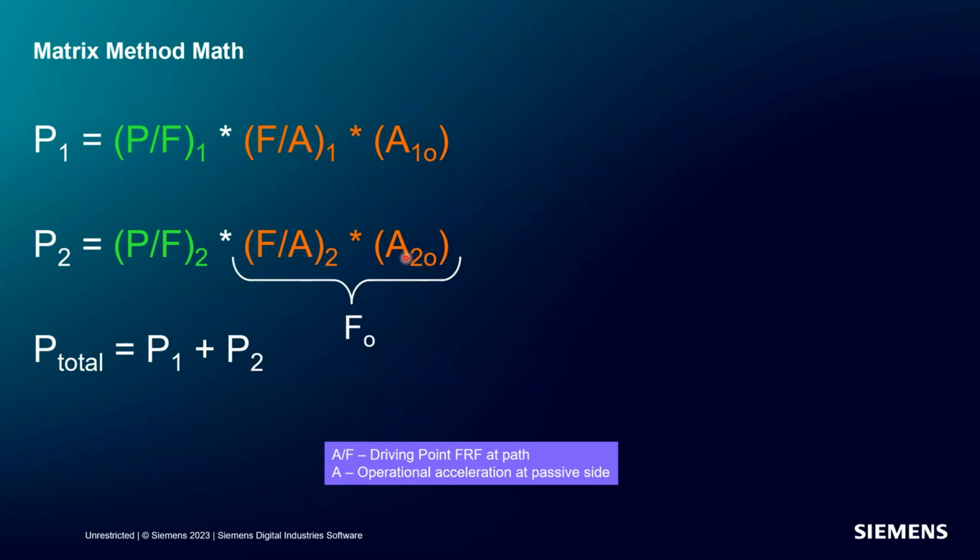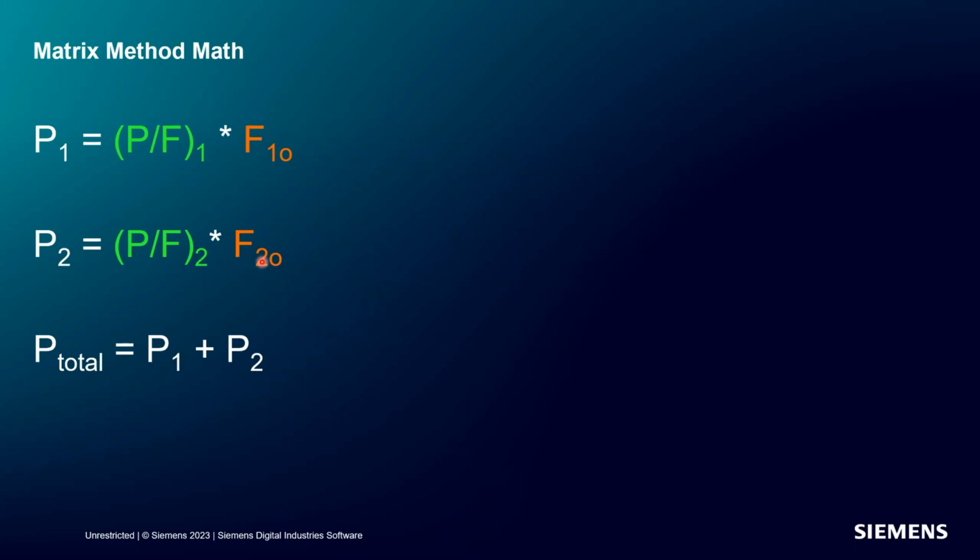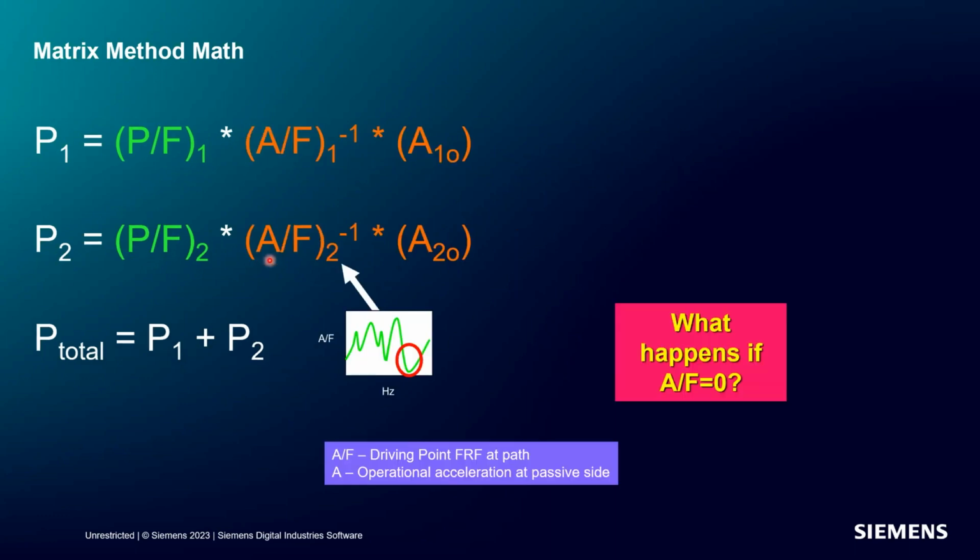And so then you get operational forces again. Now we have no insight into the mount stiffness or the active side vibration or anything like that. We're only measuring on the passive side. But when we do that, we can get the forces for these stiff connections.